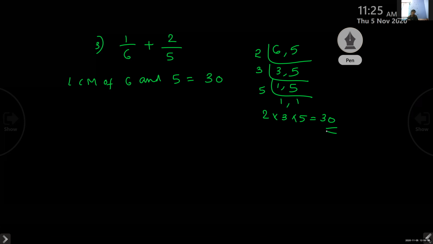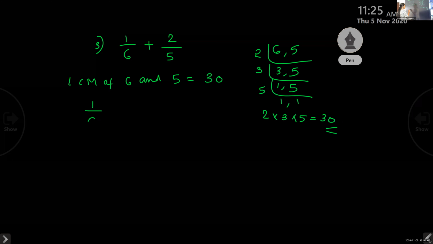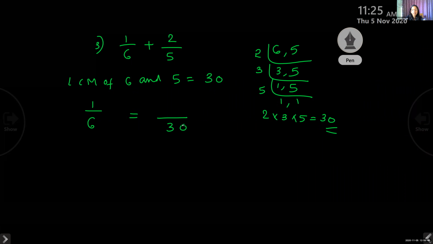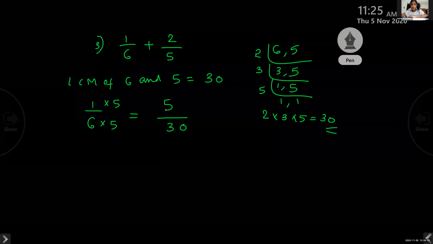Now to make the fractions, for 1 by 6, make the denominator 30. Into what? Into 5. 6 into 5, and 1 into 5, so 5 by 30. Next one, 2 by 5.